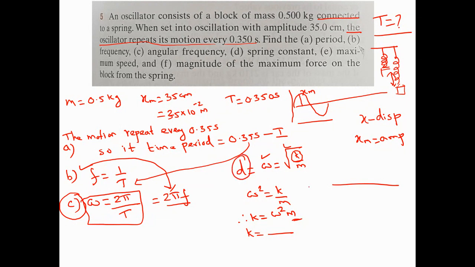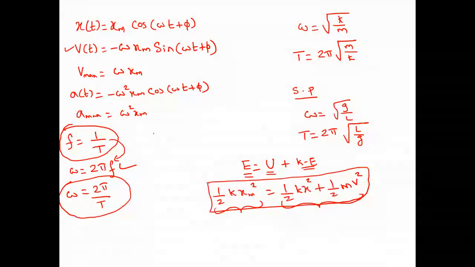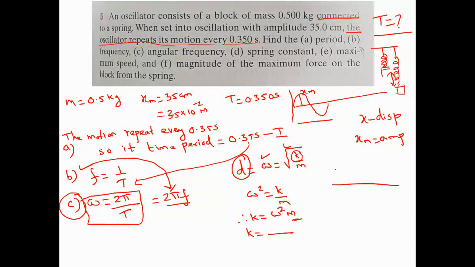What is the answer for E part? Maximum speed. My dear, what is the formula for maximum speed? This is the formula for the maximum speed. Am I right? Yes. So I can just use the formula, this is my fifth question. What is the formula? Vm, that means V maximum, which is equal to omega multiplied by xm. Omega, we already got from part C, am I right?